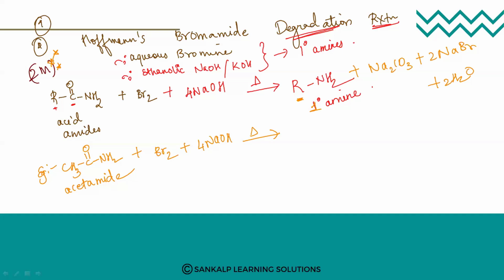Yes. Very good. It is methanamine. Not amide, it will be methanamine, CH3NH2. So one carbon atom will be less. It is methanamine, not amide, because we are preparing amine. Right. So from amides we are preparing amines. So methanamine.